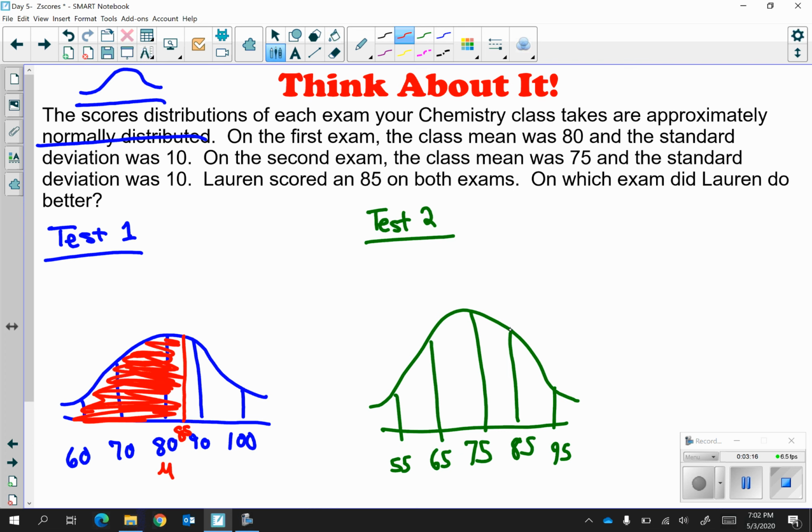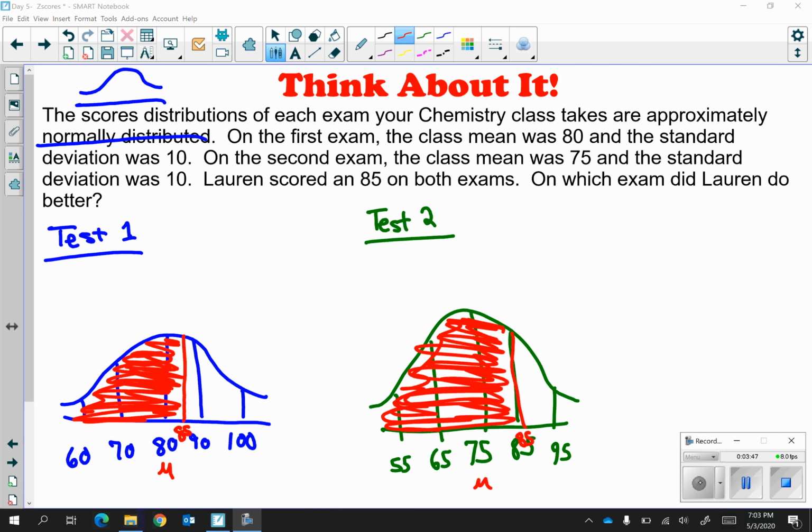Lauren's test grade was an 85. That happens to land on one of our standard deviations. And she did a lot better than all of these people in the class. So even though she got an 85 on both exams, which is the same score, which one do you think she did better on? Which one would you rather say you got an 85 on?